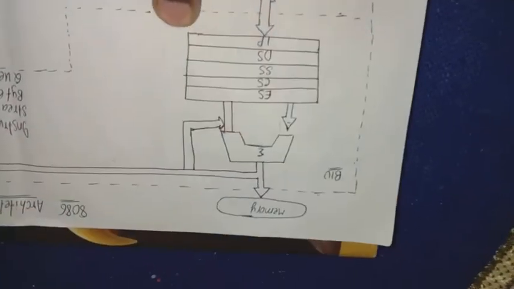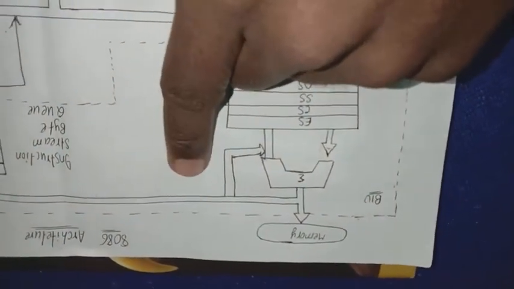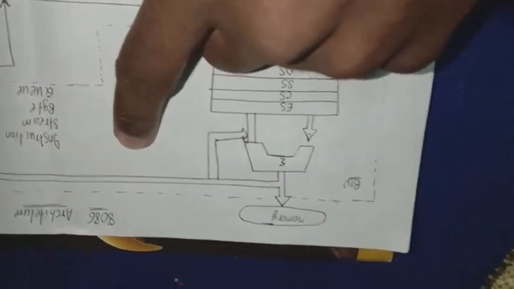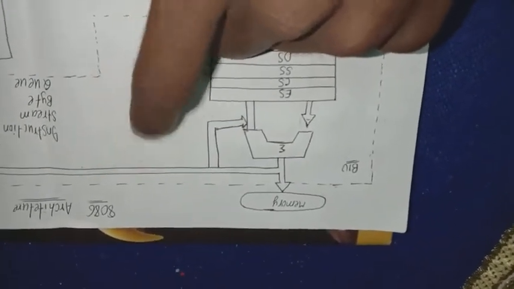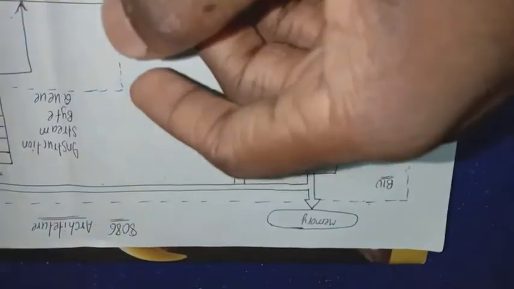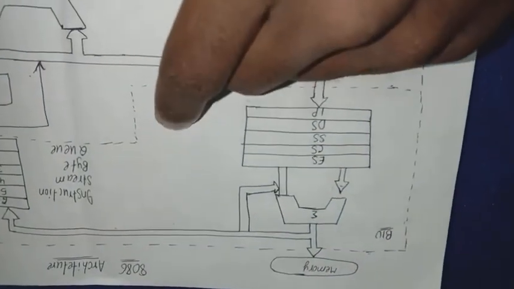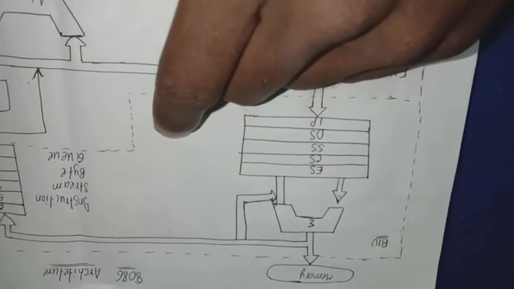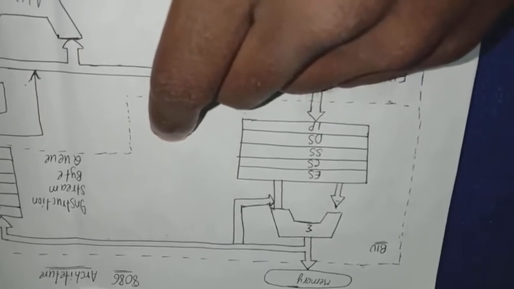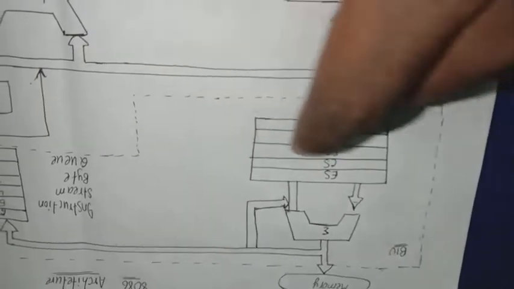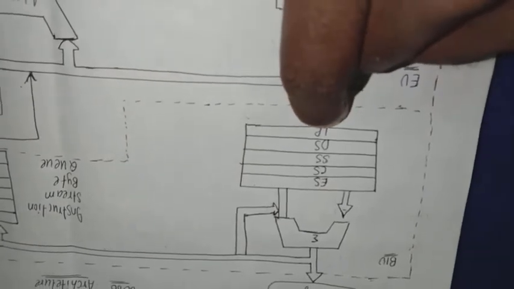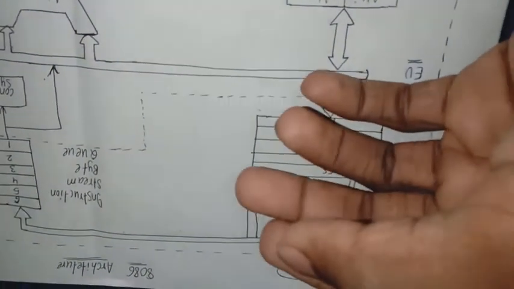Like, if the first byte of the instruction is executed, and then we are at the 10th instruction, then the index pointer will increment to the next instruction.